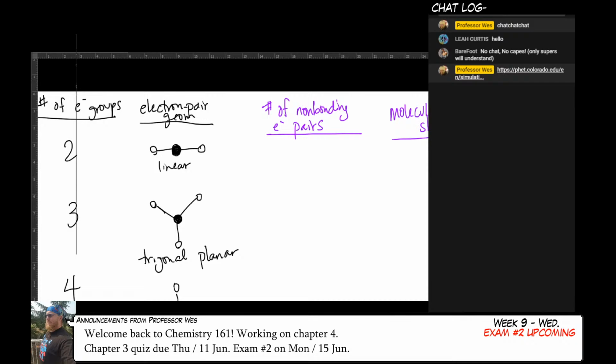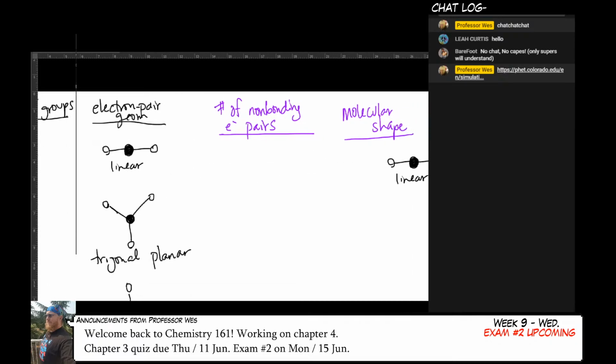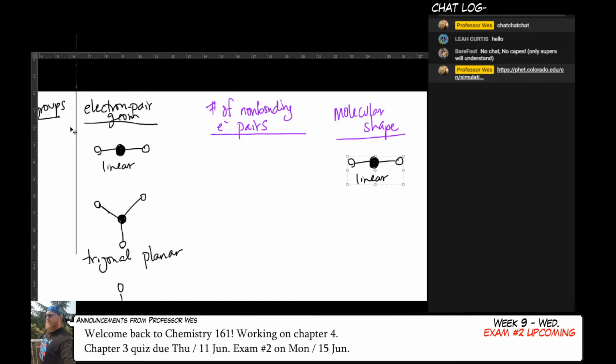Now, the first one is always going to be a copy-paste of the default shape. So if I do this, this would be 4 if none of them were non-bonding pairs, because I just copied the shape and pasted it.